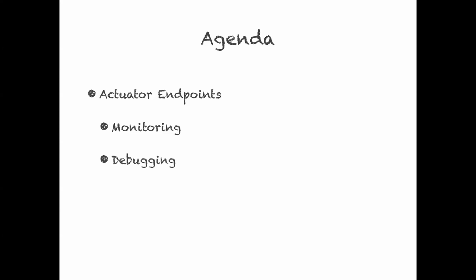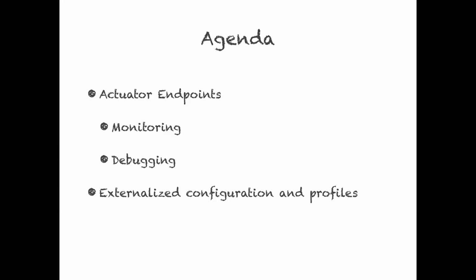So in today's talk, we are going to cover some of those production-ready features that Spring Boot offers for applications running in production. So first, we look at Actuator endpoints. This is a dependency that you can add to your application, which you can use for monitoring and debugging the application that's running in any environment.